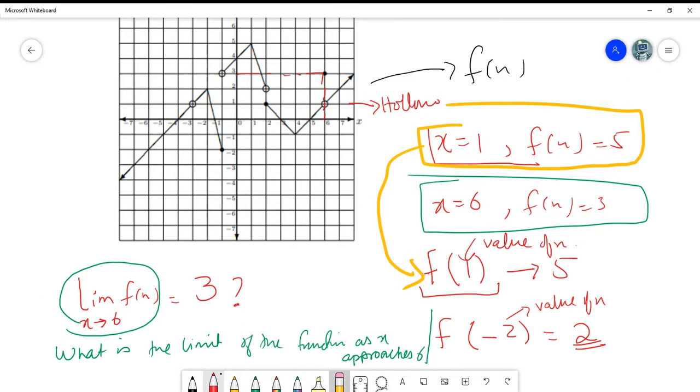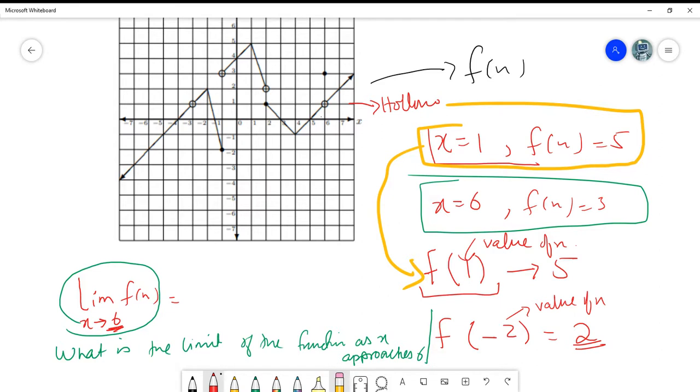But we do not look at limits the normal way. We will not just look at the value of x as 6 and find the value of y. That's not how it works. In order for me to solve this question correctly, I will have to look at x as 6, but I'll have to look at it slightly to the left and then slightly to the right.